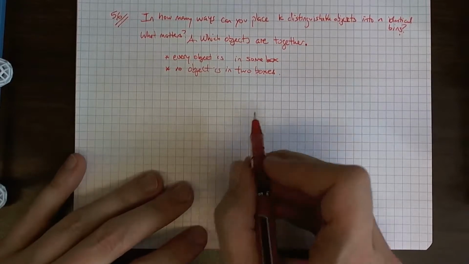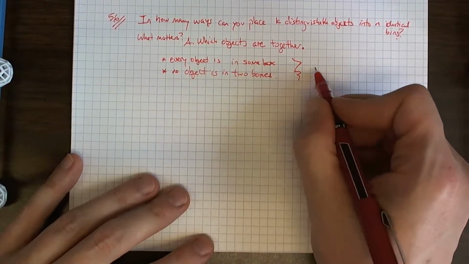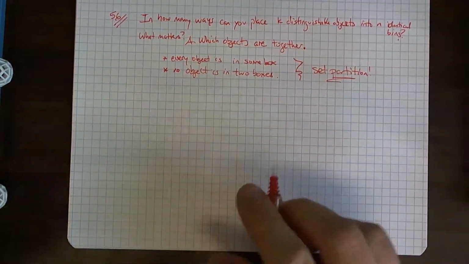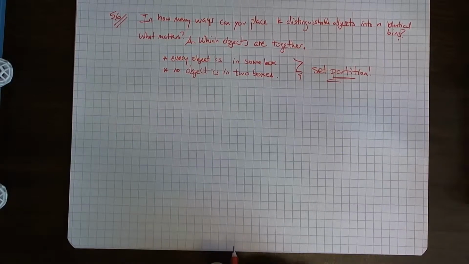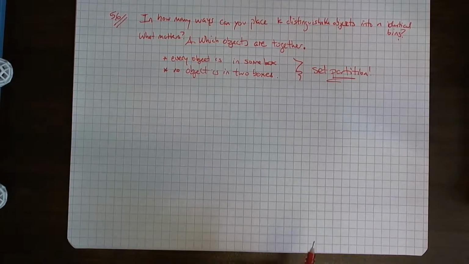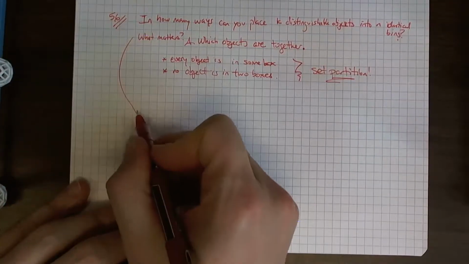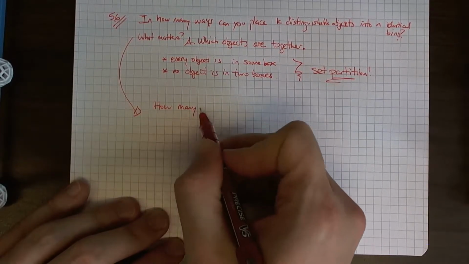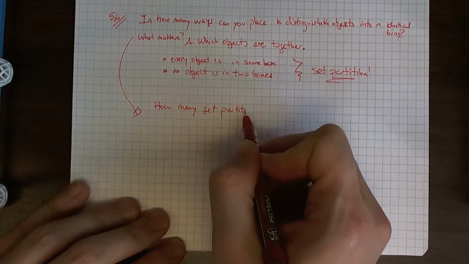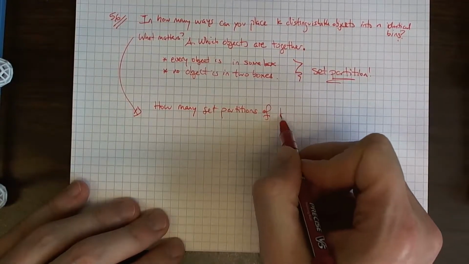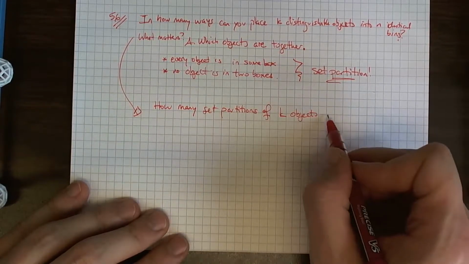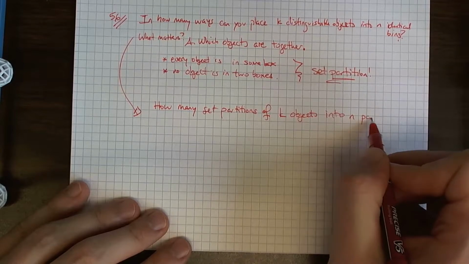Hey, wait a minute. That sounds familiar. That sounds like a set partition. So when we're talking about distinguishable objects into indistinguishable boxes, we're dealing with set partitions. So this question is the same as how many set partitions of k objects into n parts are there.